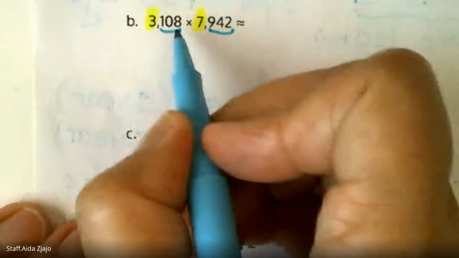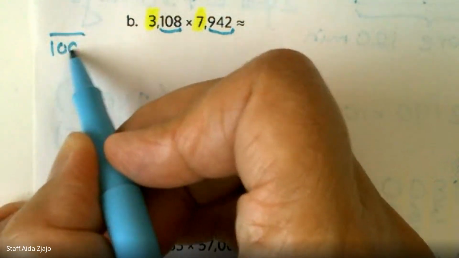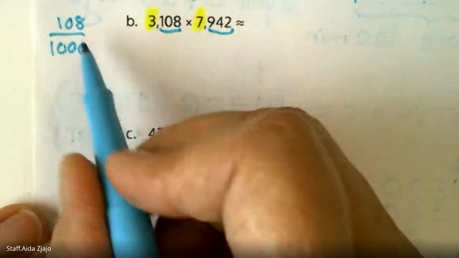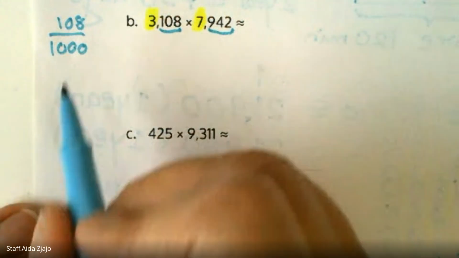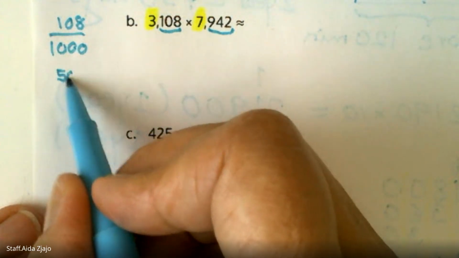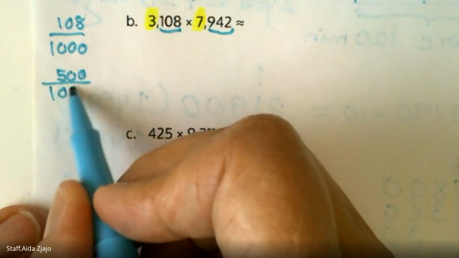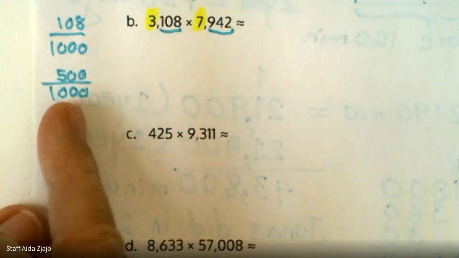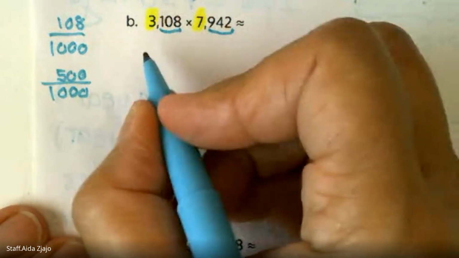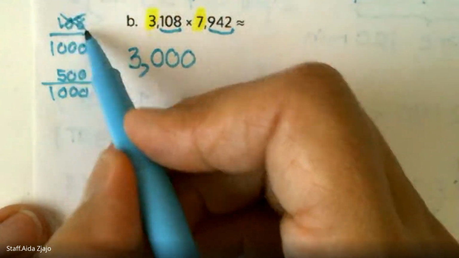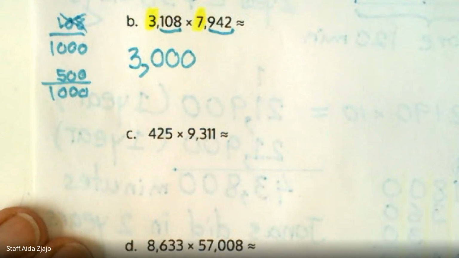If you think about this to be a new thousand, these 1,000 pieces, and you only have 108 pieces, then you don't have even half a thousand, because in order to make 1,000 you need to have 500 out of 1,000 at least. So 500 is half of 1,000. You have only 108. So this has to stay 3,000. You're going to lose this 108 because it's not big enough to pretend that you have a new 1,000.